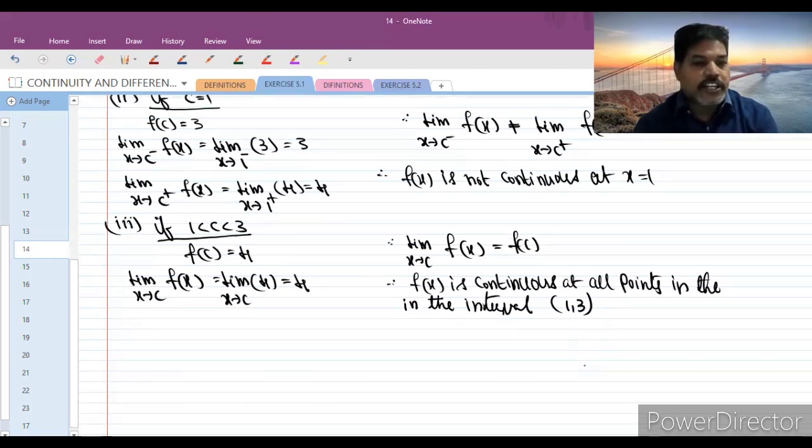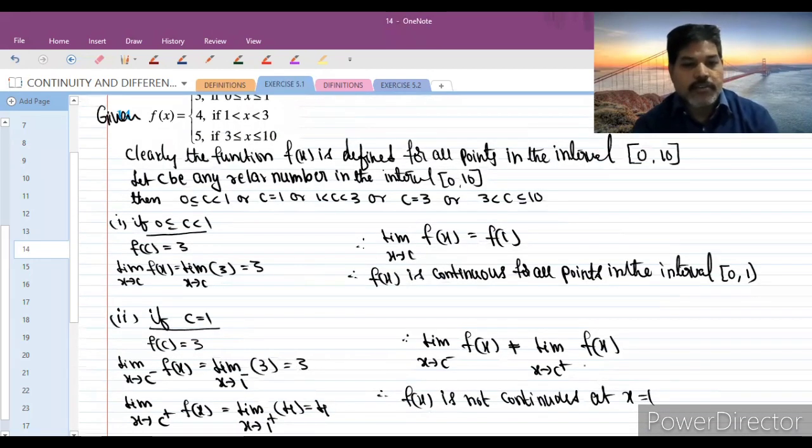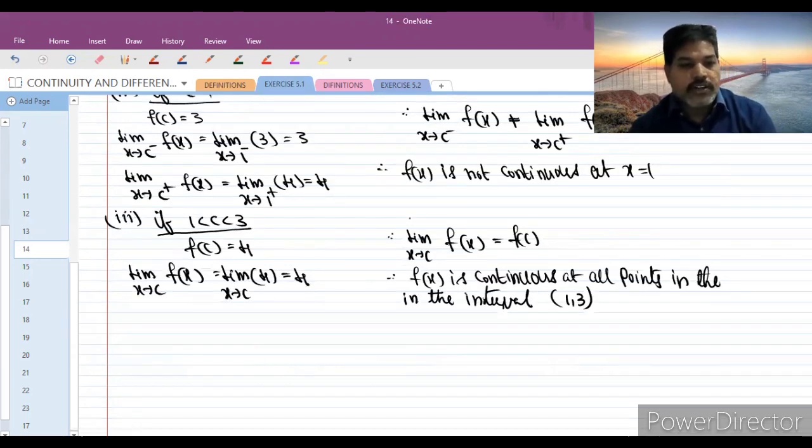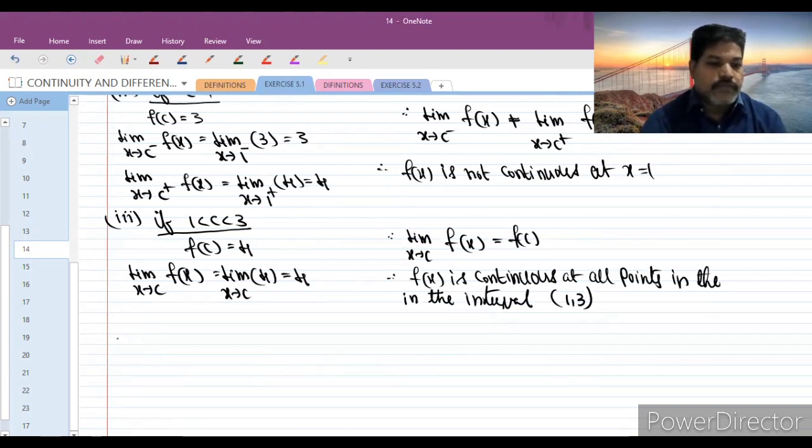So see the next, case number 4: c is equal to 3. In this case we have to calculate the right-hand limit and the left-hand limit.